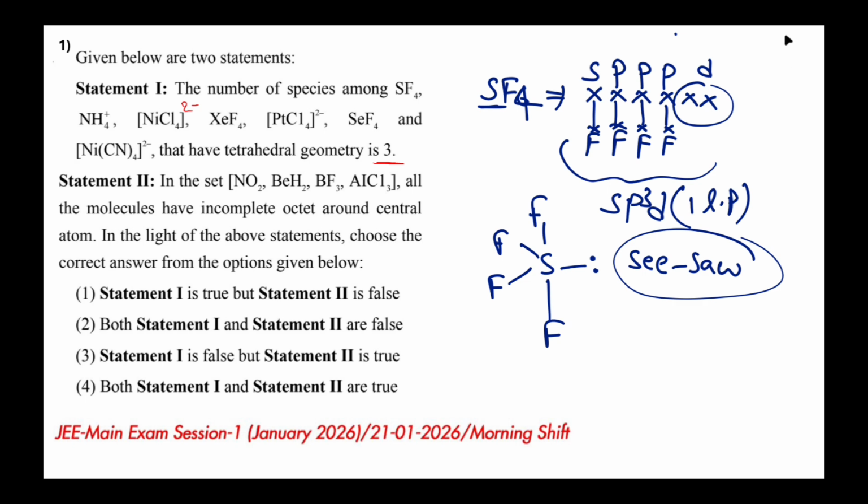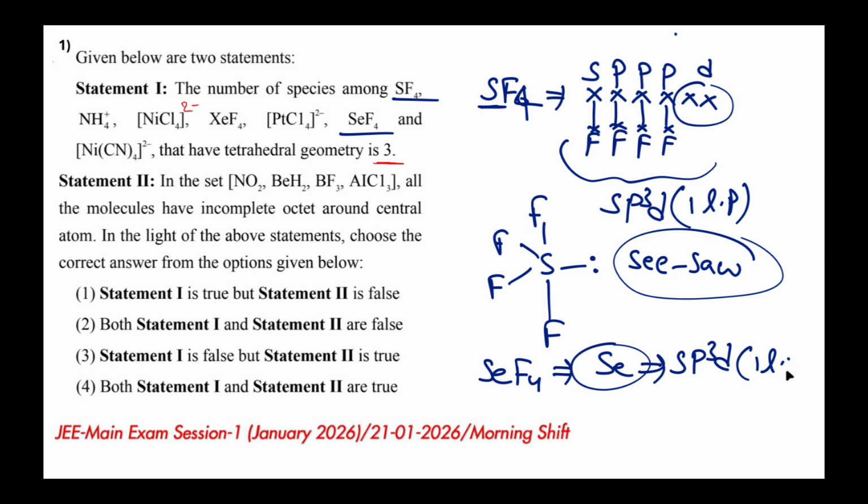Similarly, SeF4: here also selenium is in the same group as sulfur, so valence electrons are 6. It is bonded with 4 fluorine atoms and also contains sp3d with 1 lone pair. So selenium tetrafluoride also has a seesaw shape. SF4 and SeF4 both have sp3d with 1 lone pair, so both are seesaw shaped molecules.